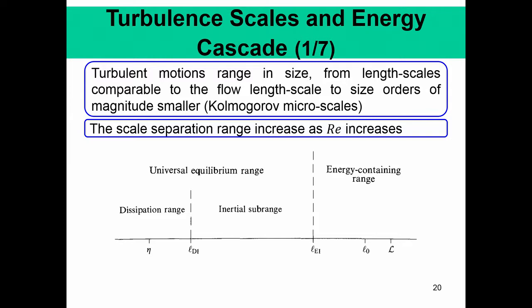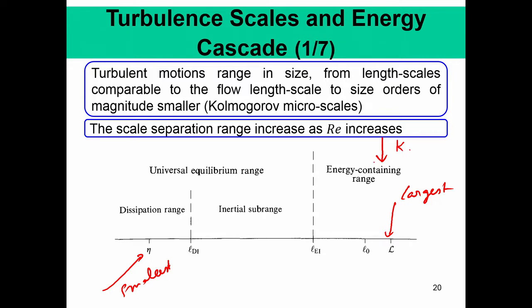Say L is the largest scale and this is the smallest scale. At the largest scales we have the energy containing range, where the turbulent kinetic energy is injected by the production mechanism.